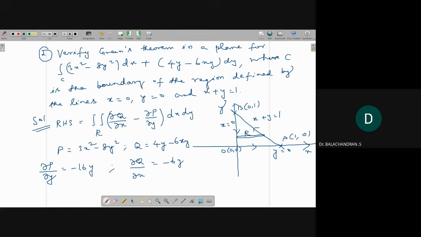Initially the strip is here, and then you should move the strip horizontally. Then only you can cover the whole region R. If you move the strip, y varies from 0 to what?